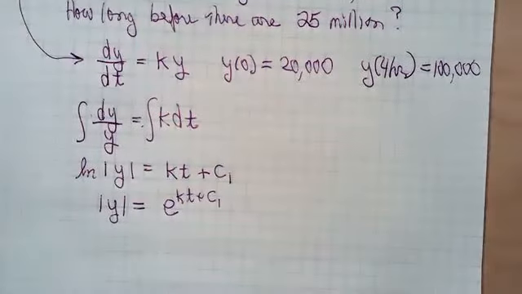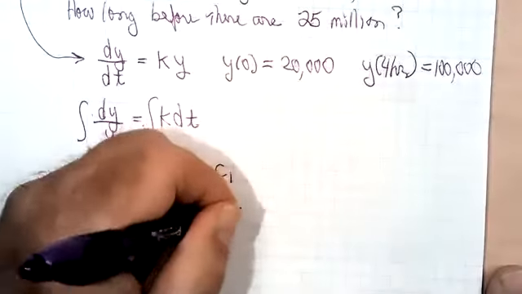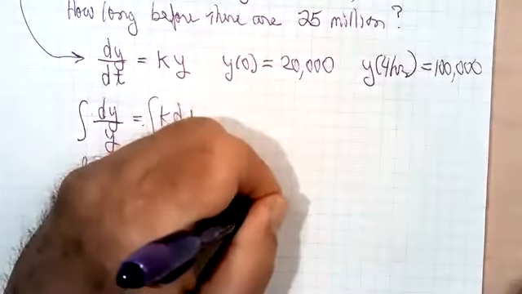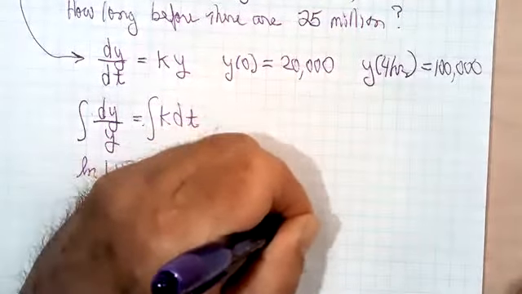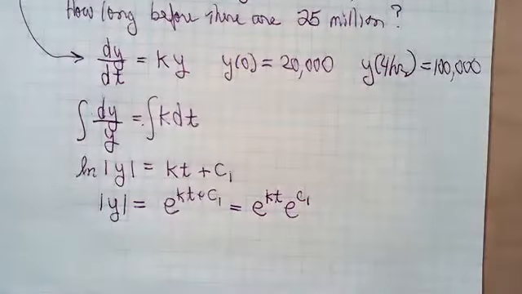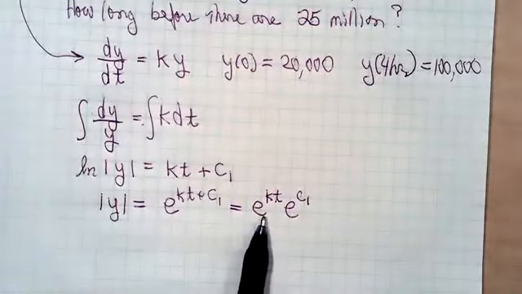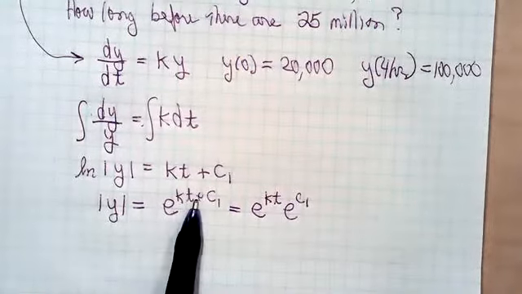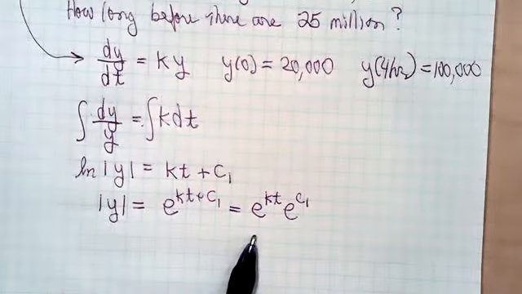And now it starts to get to be a little heavy weather with the algebra. We've got to remember that that could be written this way. e to the a times e to the b is e to the a plus b, right? You add exponents when you multiply like bases.